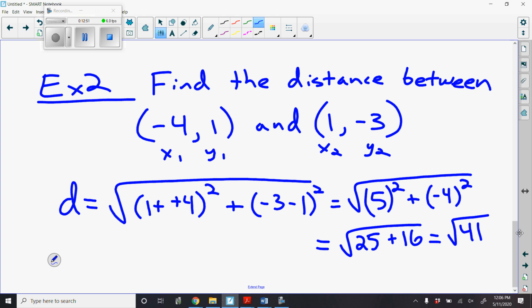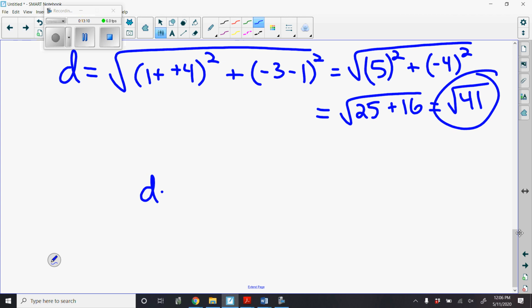Now, I know 41 isn't a perfect square. I also want to check to see if it reduces, right? And I see that it doesn't because 41 is a prime number. So my final answer is root 41. Let's say I solved the distance problem and I got a distance equal to root 75.